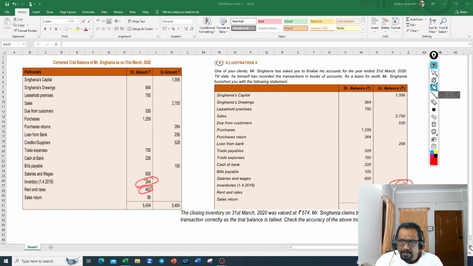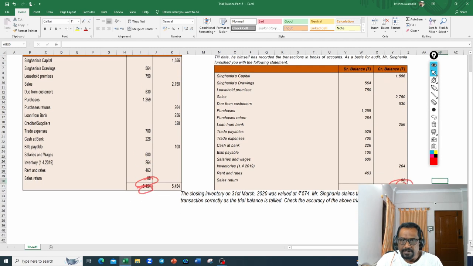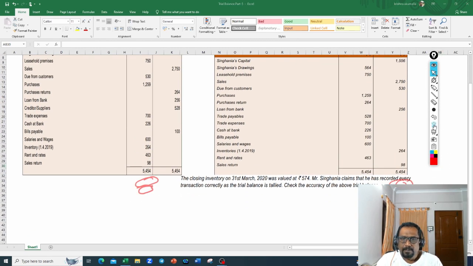Let me pull this statement up. Sales return 98. Tell me, where do you book sales return? What is the entry for sales return? Sales return account has to be debited and the customer account has to be credited.